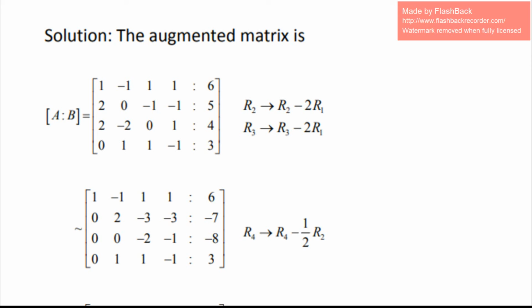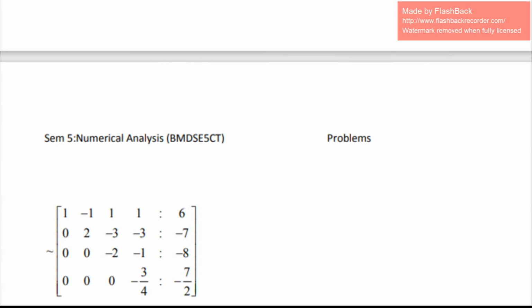That means 5 by 2 plus 5 by 4 into R3, where R3 here is minus 2. If we operate R4 implies R4 plus 5 by 4 into R3, we get 0, 0, 0, minus 3 by 4, minus 7 by 2.